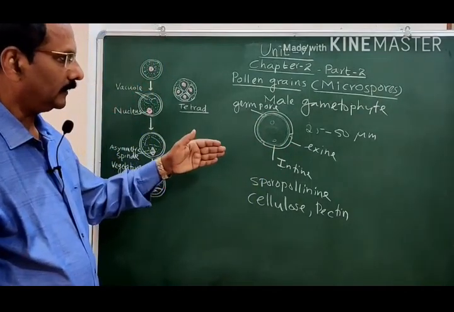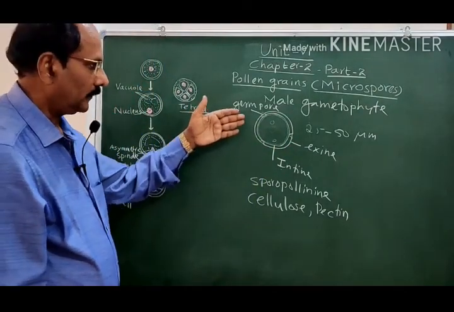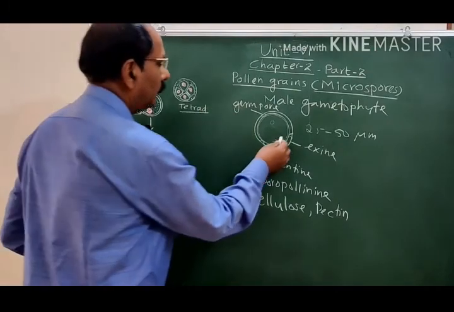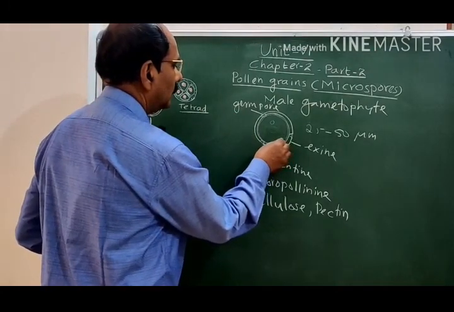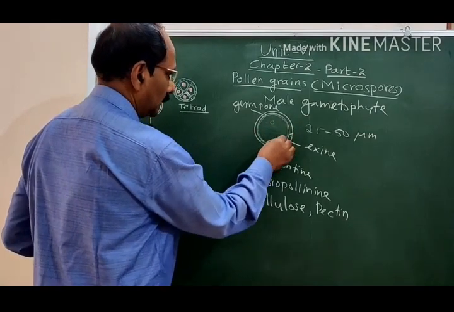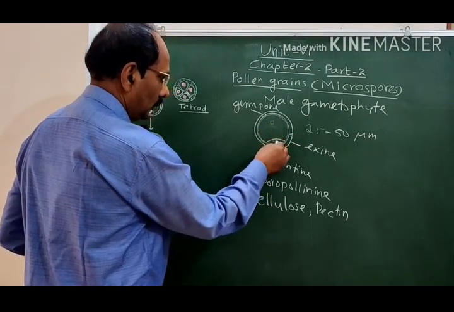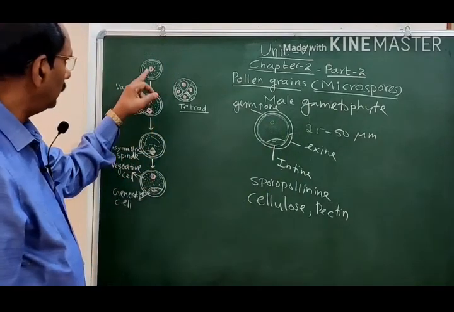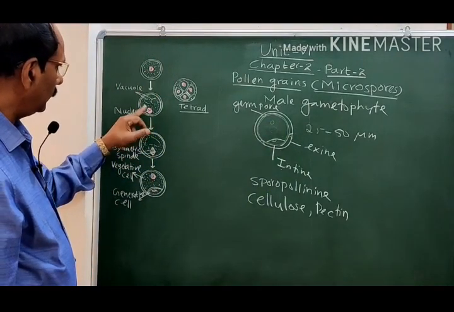After the karyokinesis, which is the mitosis, the cytoplasm divides unequally, and one cell is present in the lower side and another in the upper side. One is the larger cell and one is the smaller cell. See here, this is the nucleus, and this is the vacuole.